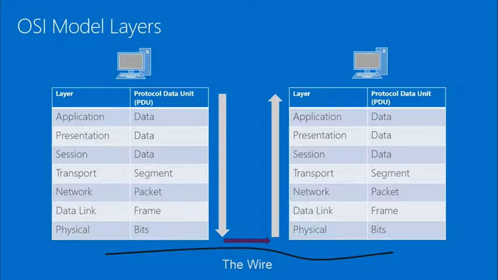So the one starts, it goes through the different layers, and on the right-hand side of the table, it shows you what the data unit is called. Data, and then we get to segment, packet, frame, and then once we get to the physical layer, it becomes bits. It goes across the wire, that's our physical media, goes up the next one, and then basically it just gets deconstructed or reconstructed. So as the message goes down, it gets deconstructed into the appropriate layer. As it hits the other side, it gets reconstructed.